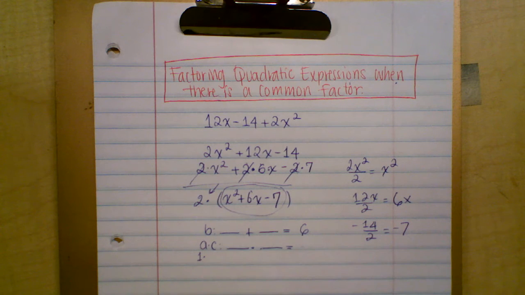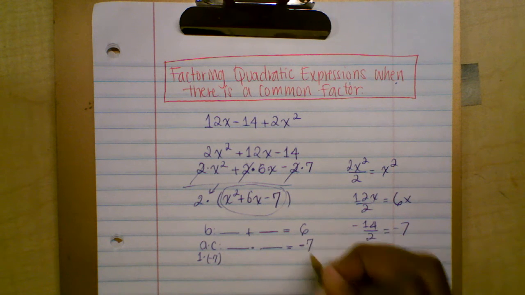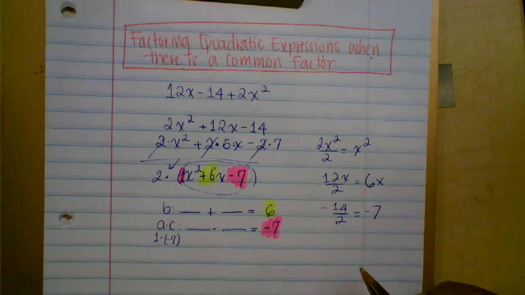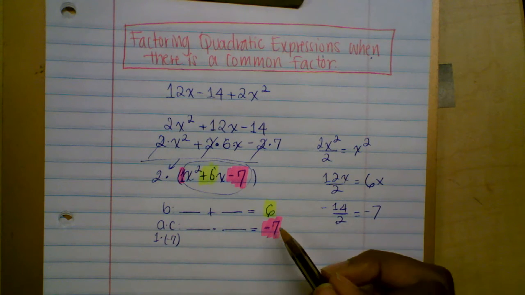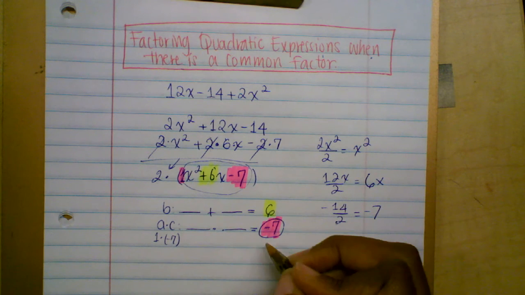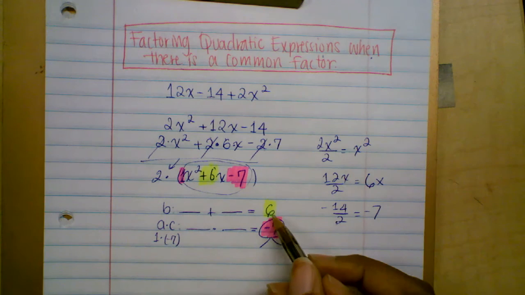So 1 times negative 7 is negative 7. So I write negative 7 right here. Always start with the a times c number, negative 7, and list the factors of negative 7 that add to 6.